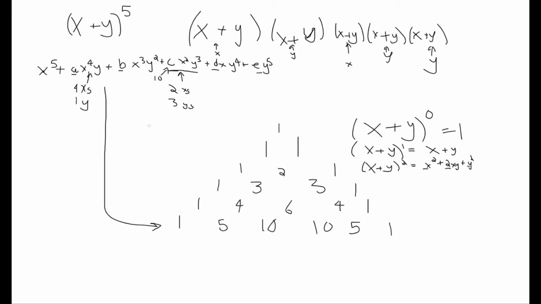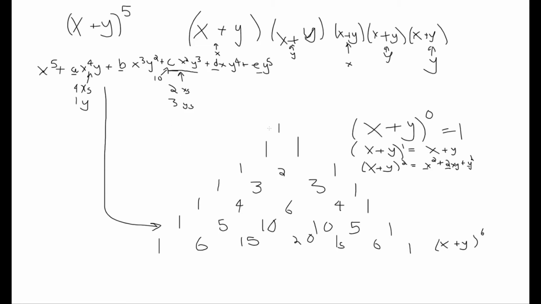This is represented, well, at least the coefficients in it are being represented by Pascal's triangle, or this row of Pascal's triangle. There are actually rows beneath this, you can imagine, and it goes on sort of forever, right? And this would represent x plus y to the 6th, right? This is x plus y to the 5th. And it would go on for all of the x plus y to some power, right?